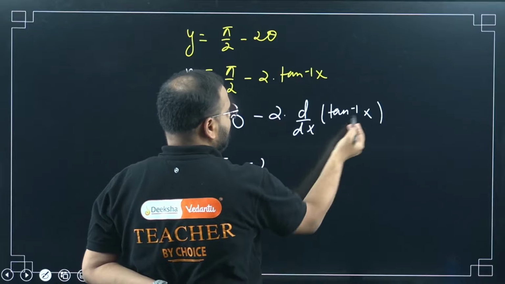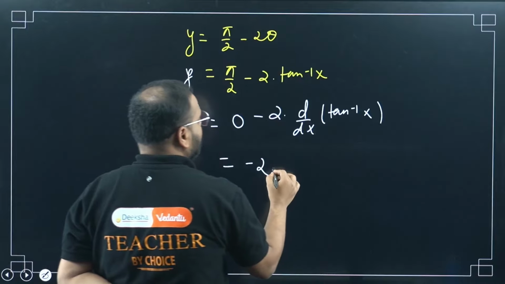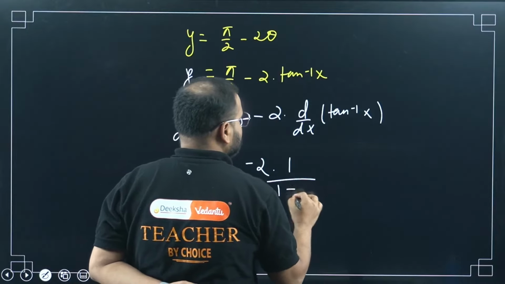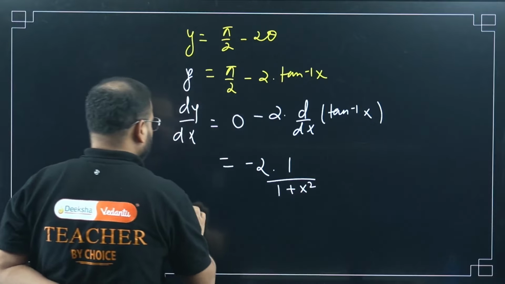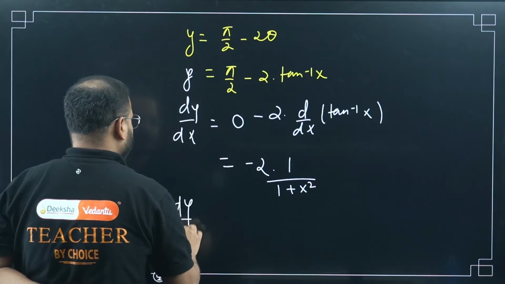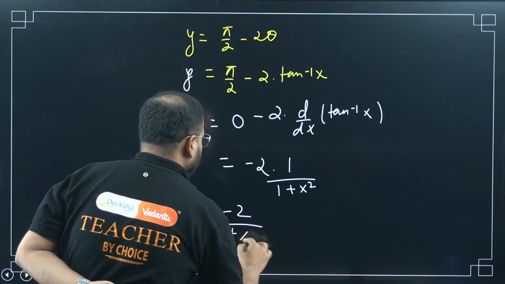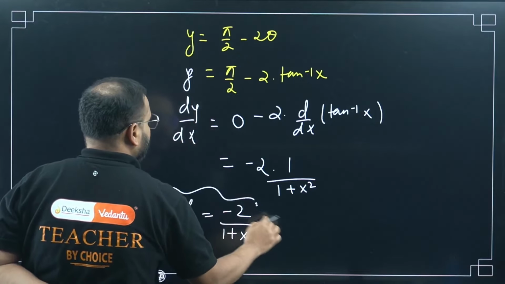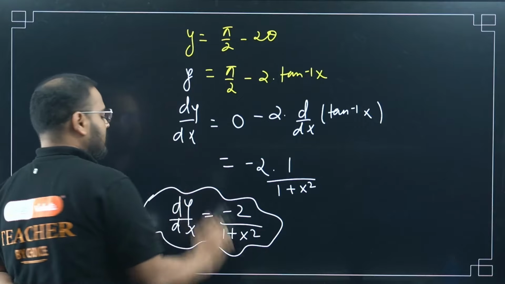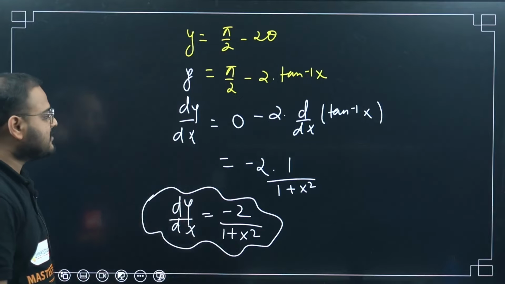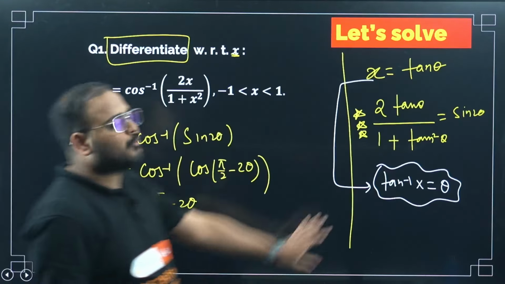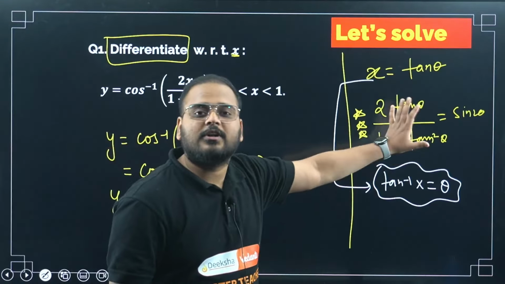Tan inverse differentiation we just learned, 1 upon 1 plus x square. My final answer of dy by dx is minus 2 upon 1 plus x square. This is my final answer. Simple question, but you had to use the substitution of this formula for compound angle.